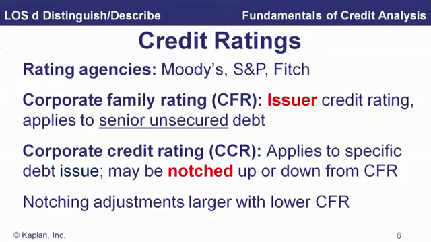And when we talk about the corporate credit rating, that applies to a specific debt issue. And adjusting from the CFR to the CCR is a process called notching. And so the rating may be notched up or down from the CFR, which is the senior unsecured debt. And notching adjustments are larger with the lower corporate family rating.